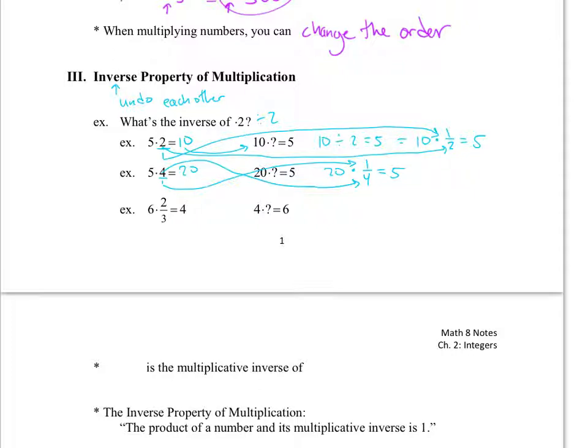So I flipped it over, I took the inverse. 6 times 2/3 equals 4. So 4 times what equals 6? Well, 4 times, I'm going to flip over my fraction. So 3 on the top and 2 on the bottom is going to equal 6. So inverse, flip it over.